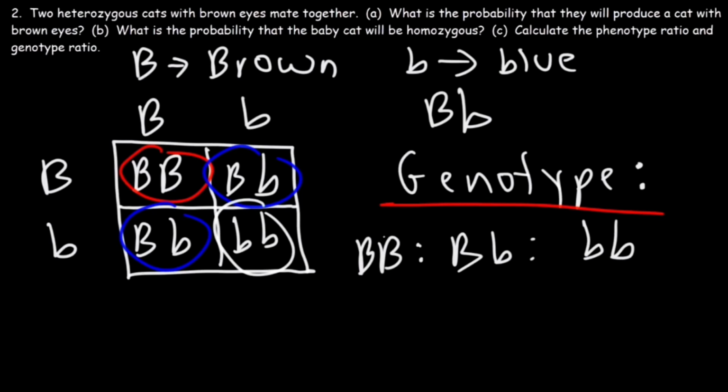So we only have one homozygous dominant genotype, and we have two heterozygous genotypes, and one homozygous recessive genotype. So the genotypic ratio is 1 to 2 to 1.